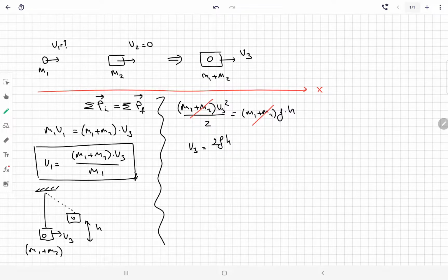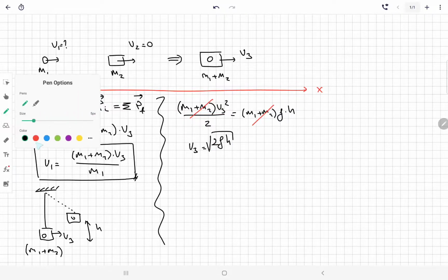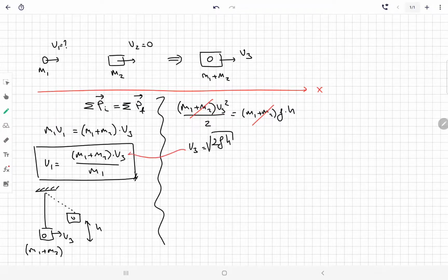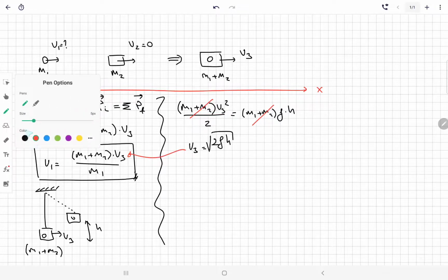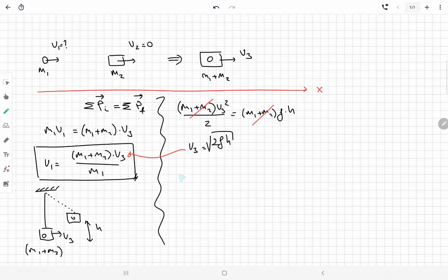That's all. Now we can come back to the initial first equation and substitute V3, and finally we can answer this question. So V1 equals (M1 plus M2) over M1 times V3, which is the square root of 2 times gravity times height.